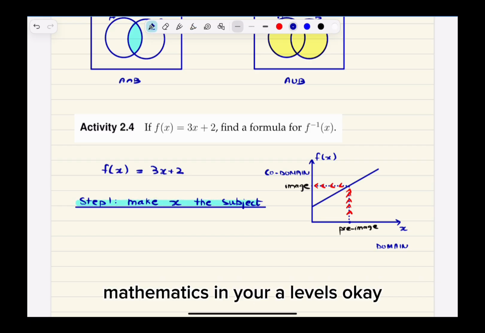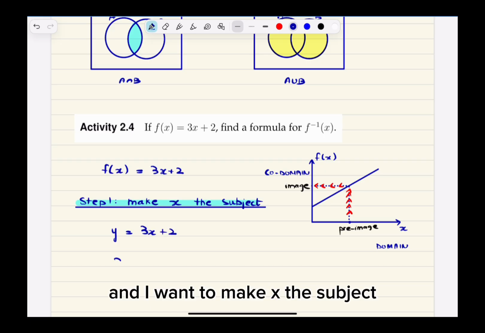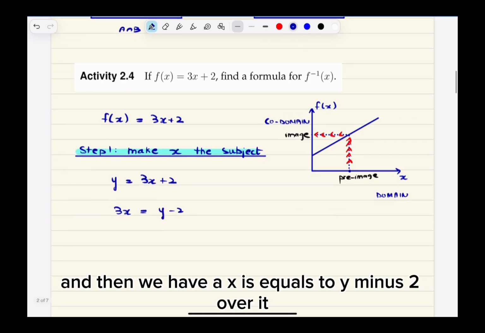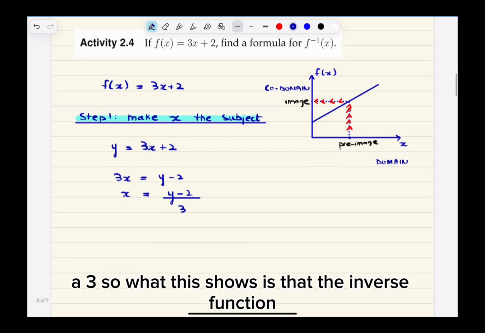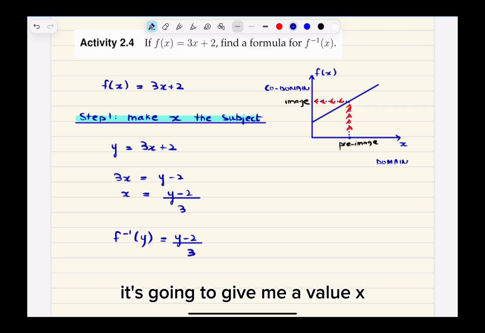Okay, so y is equal to 3x + 2, and I want to make x the subject. So we get 3x = y - 2, and then x = (y - 2)/3. What this shows is that the inverse function, if I put in a value y, is going to give me a value x.